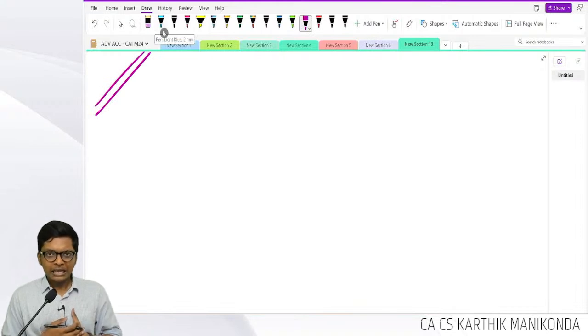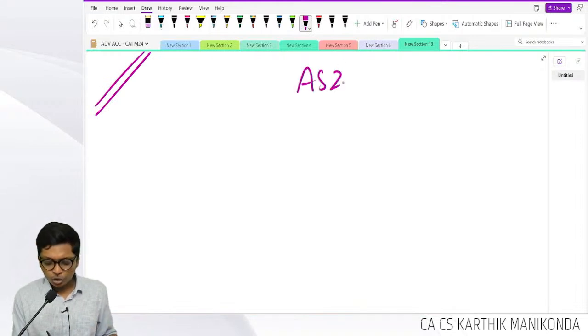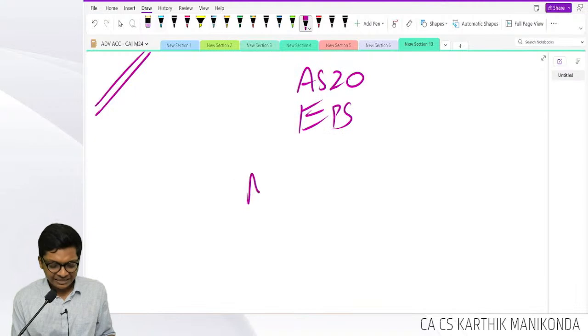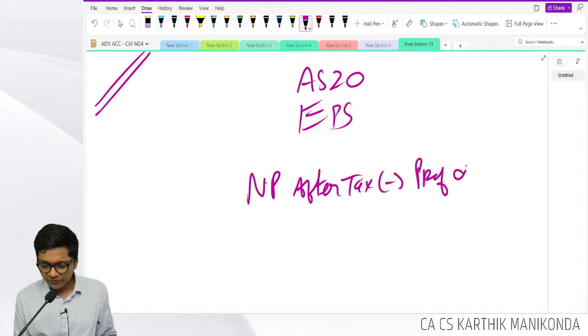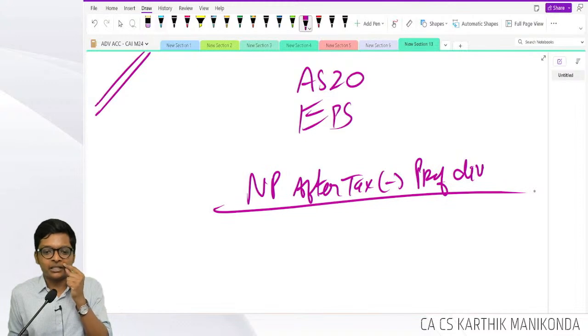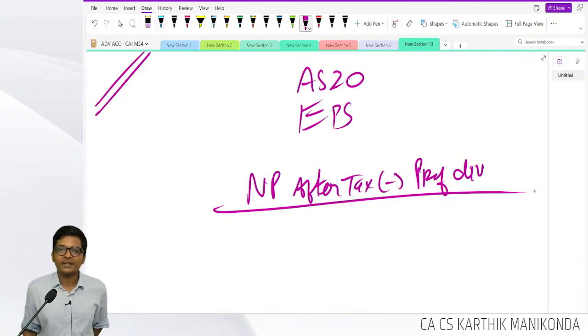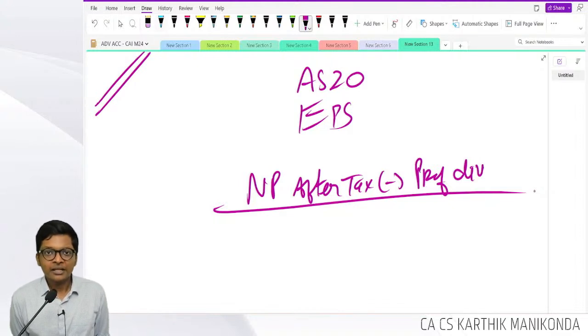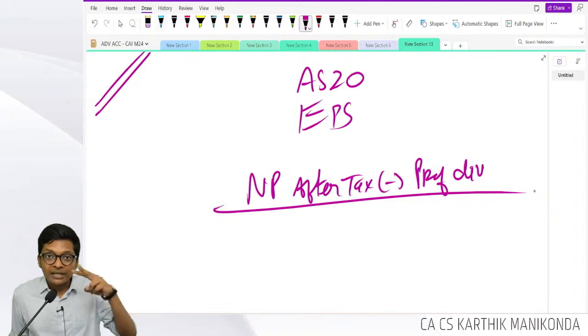Simple one. I'm going to take AS 20, earnings per share. We all know the formula of earnings per share is net profit after tax minus preference dividend, if any. If it is cumulative preference dividend, you have to minus the preference dividend, whether the question says so or not, if the word cumulative is given.